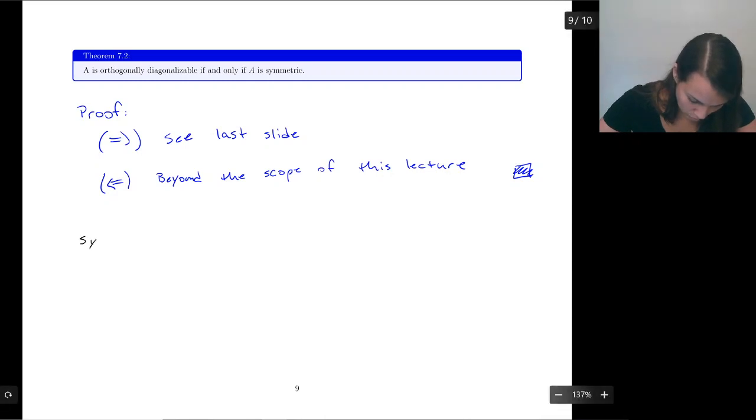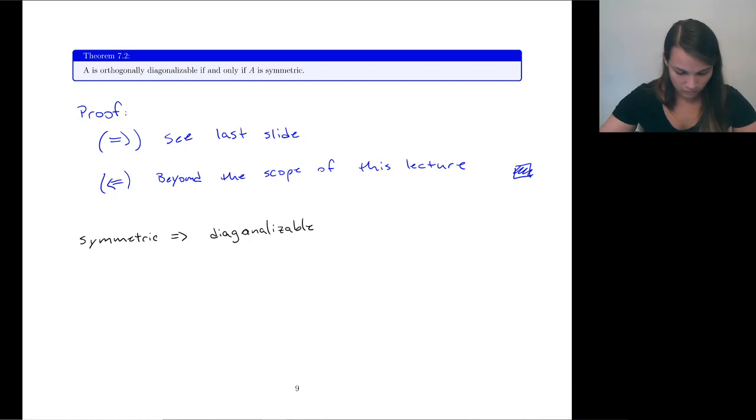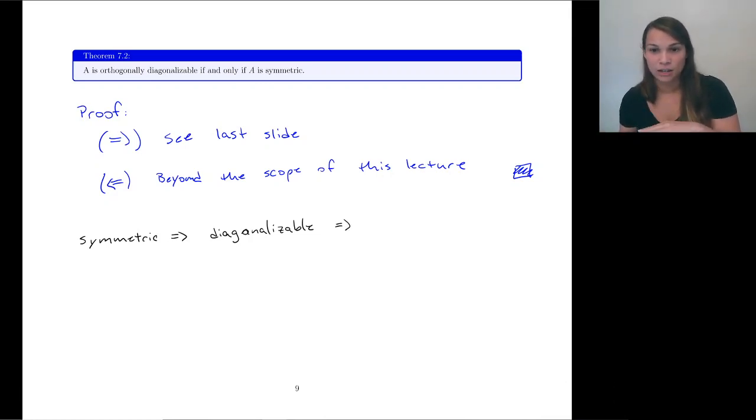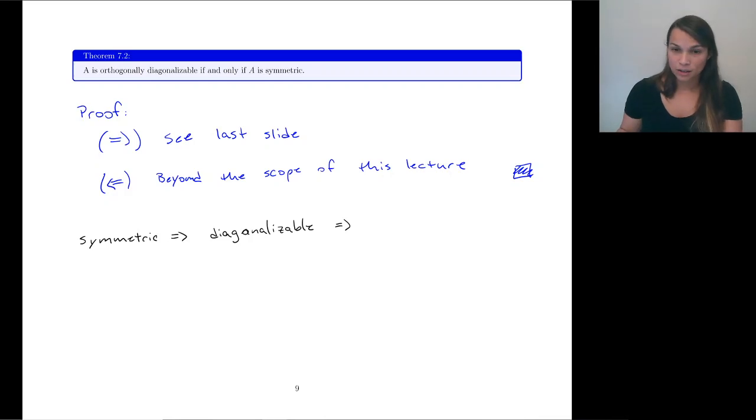So what we have is symmetric implies diagonalizable. So if it's diagonalizable, though, this has an implication about the eigenvectors.